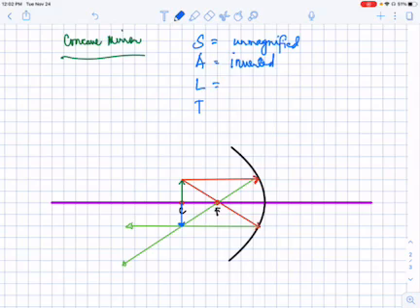Then location. Where is the image located? It's located here. Therefore we write at the curvature, at C. And if it is inverted, always remember that it gives a real type of image. So that's another case wherein the object is found at the curvature.